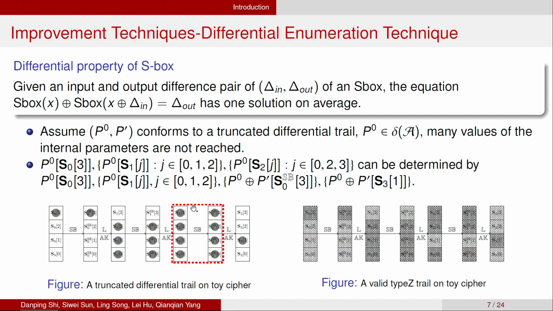For the input and output difference of the S box in the red box can be determined by the difference at S03, the output difference at S31, and the value of P0 at the 4 active bytes. So the 7 internal parameters are reduced by 1 byte based on the differential enumeration technique.